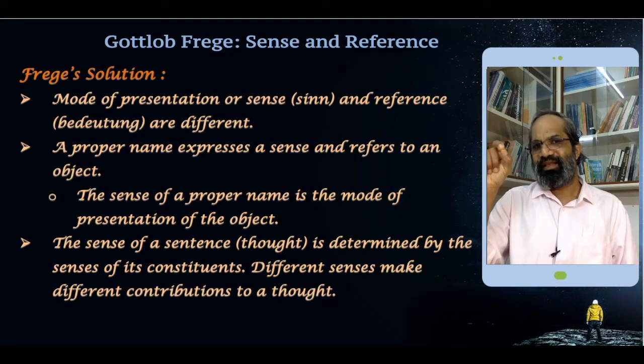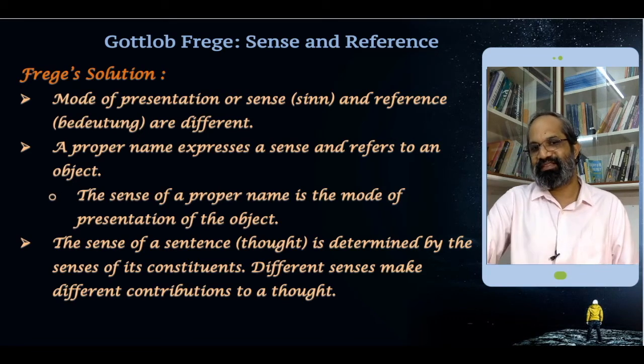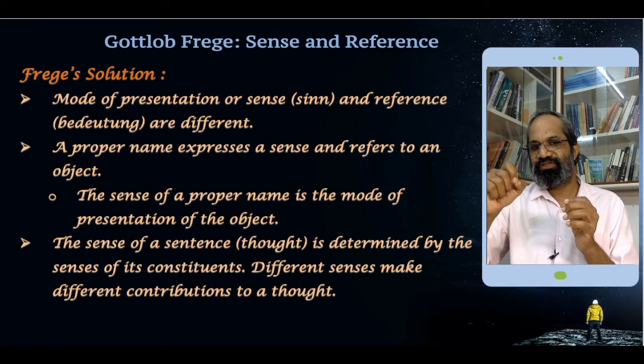So in the case of a sentence or thought, the proposition or its meaning is determined by the sense of its constituents, its elements, and how they are combined in the thought. Different senses make different contributions to a thought.